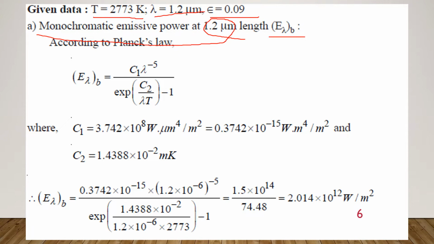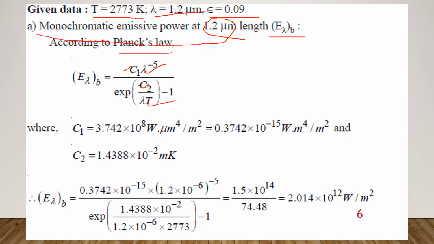According to Planck's law, E lambda B equals C1 lambda power minus 5 divided by exponential of C2 divided by lambda T, minus 1. We have to remember the values of C1 and C2. The lambda value is given in the data, and the T value is also available.